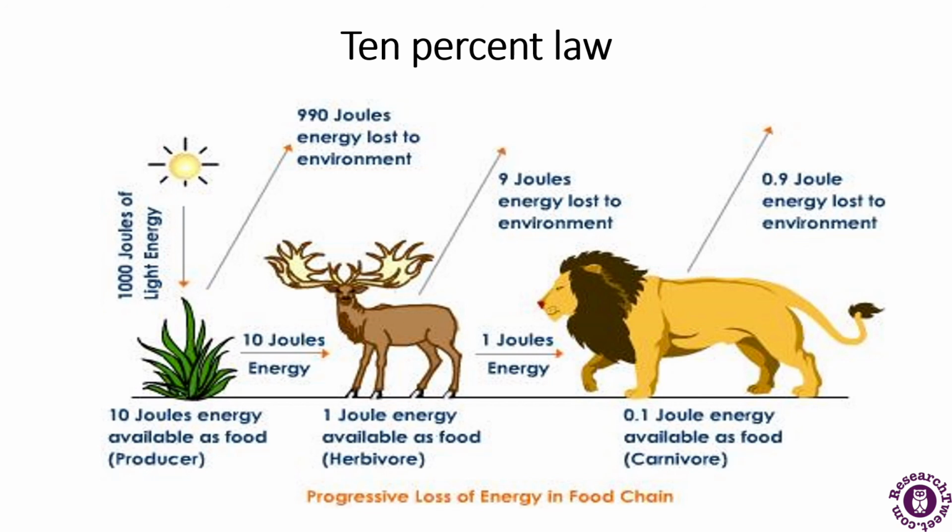Out of that, 1 joule of energy is available as food for the herbivores, and 9 joules of energy is lost to the environment. The 1 joule of energy is given to the carnivores, and only 0.1 joule is available as food, and 0.9 joule has been lost to the environment. So this is how the 10% law works.